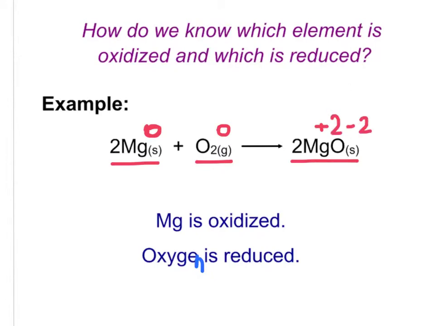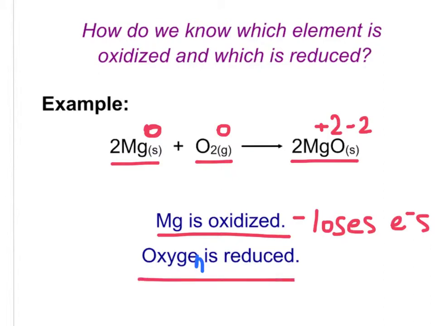We look on the periodic table, oxygen gains 2 electrons, magnesium loses 2 electrons. So since magnesium loses 2 electrons, magnesium is oxidized, right? Because it loses electrons. Oxygen, on the other hand, is reduced because oxygen gains electrons.